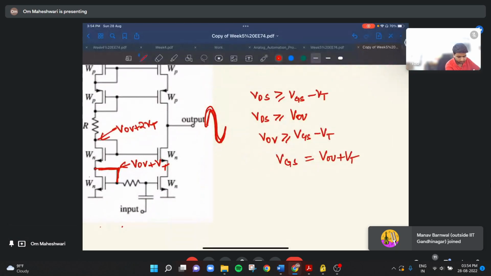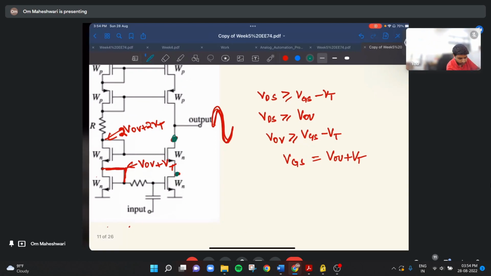Anyways, okay. So if this is VOV plus VT and this is VOV plus 2VT, then what should be the voltages here and here? Let me take a different color.